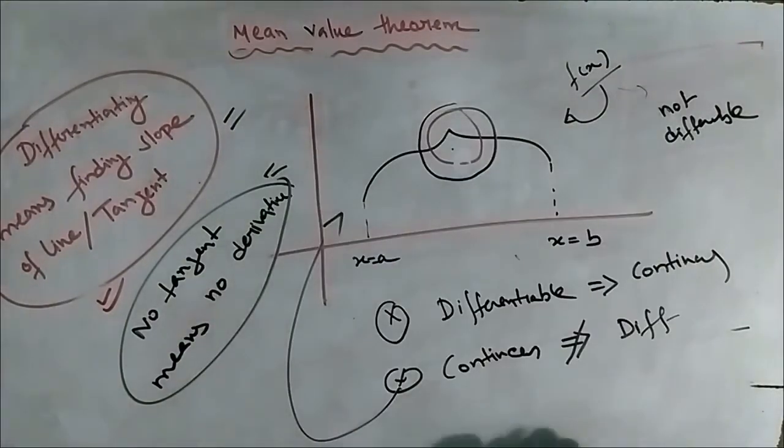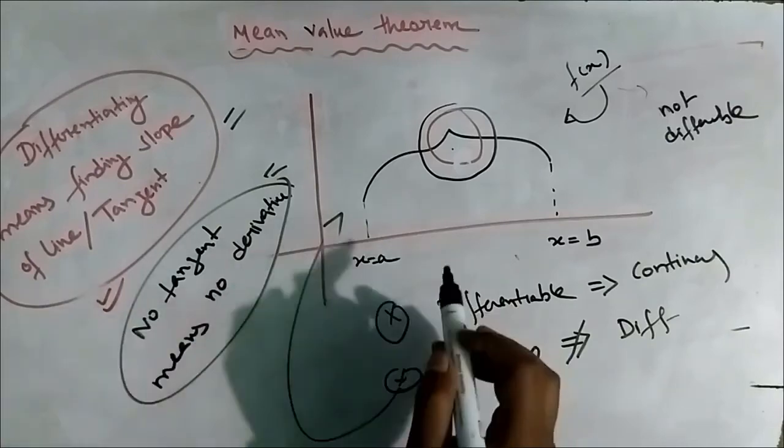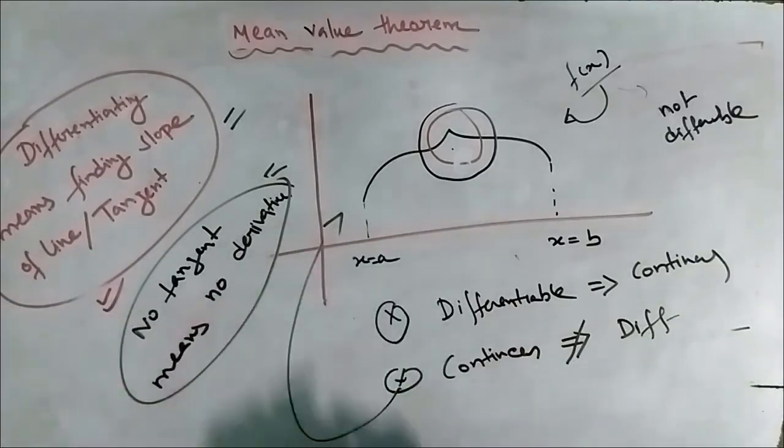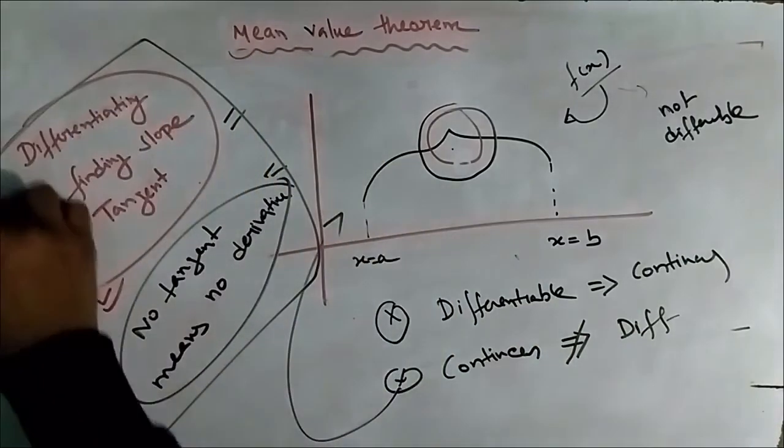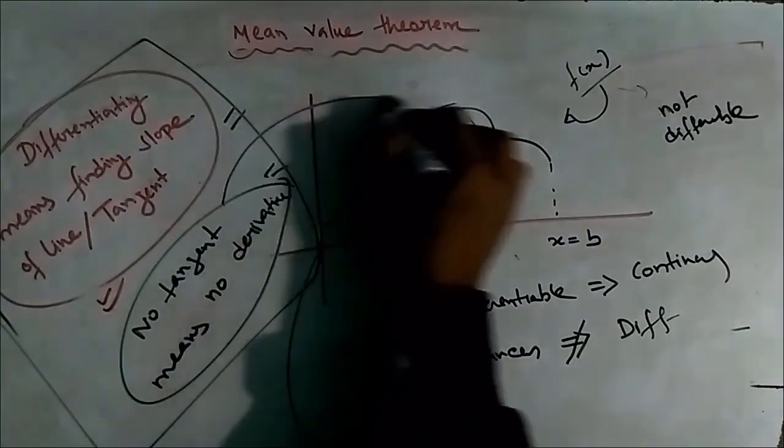But the graph is not differentiable because there exists a sharp point where we cannot draw the tangent. If a curve has even a single point where you cannot draw the tangent, then the function is not differentiable. So these are the two key things applicable here.